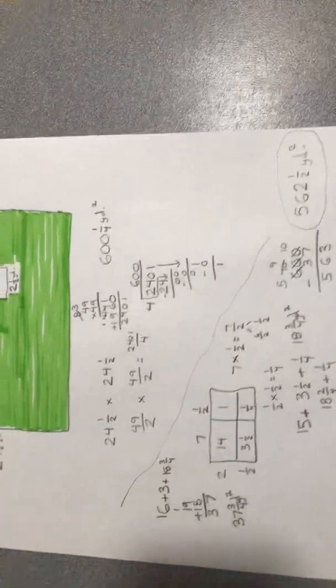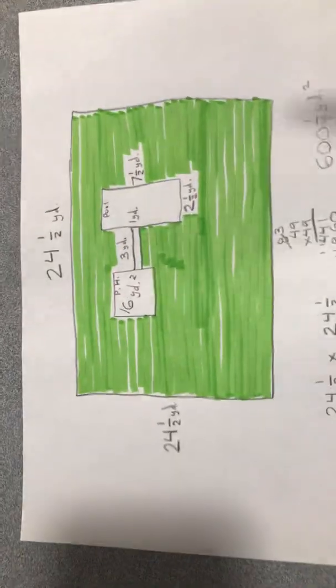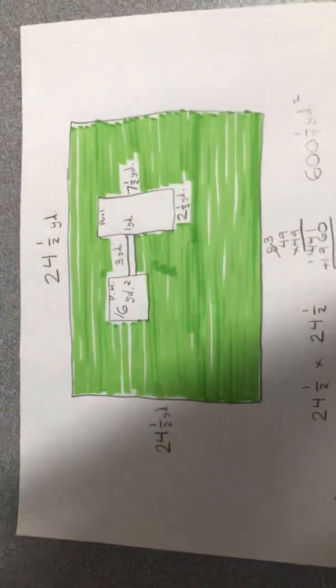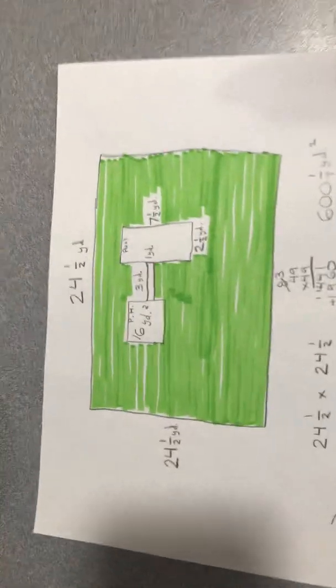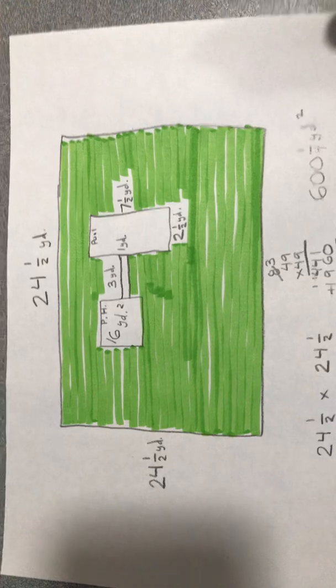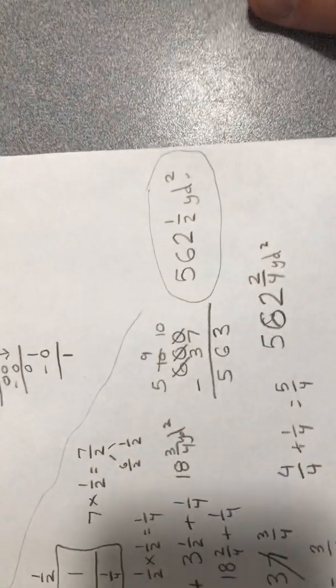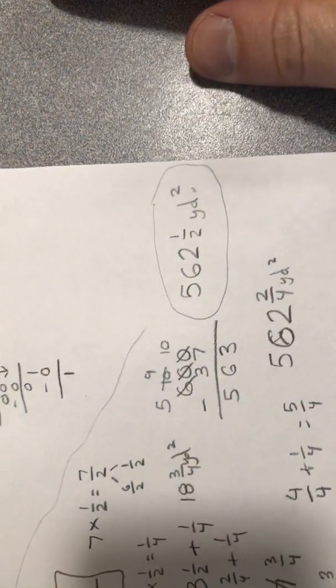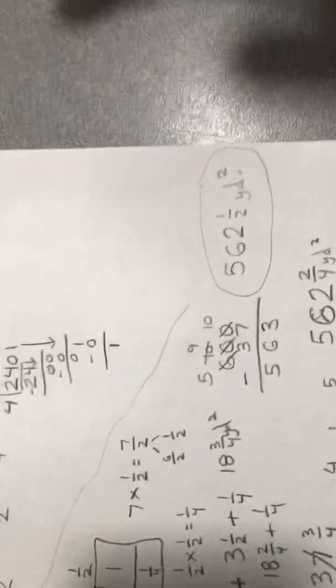So Mr. Howard will have to buy that amount, 562.5 yards squared of sod for his yard that he's going to put his pool in. So he'll go to the company that sells him the sod, and they'll probably say, well, it's going to be $10 per every unit, every yard squared unit.